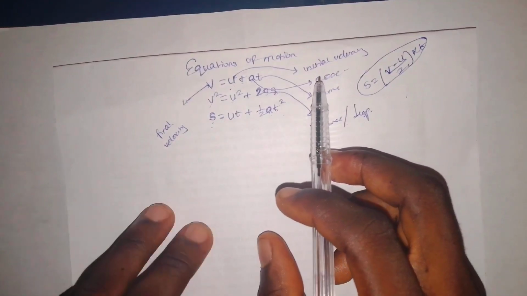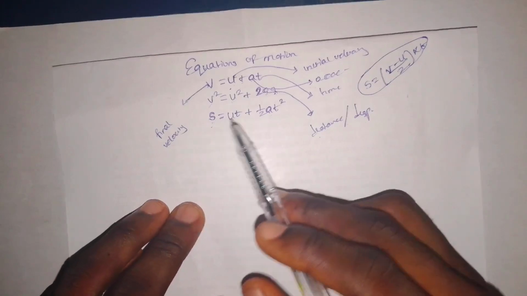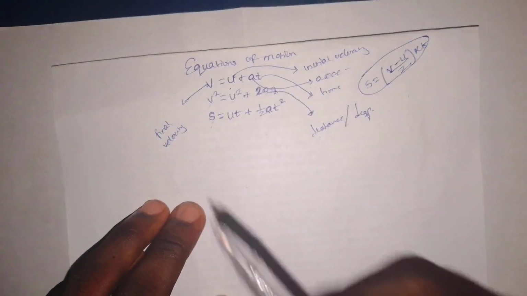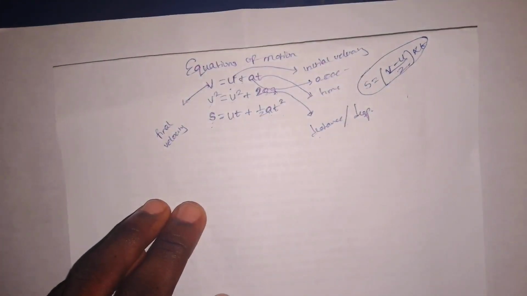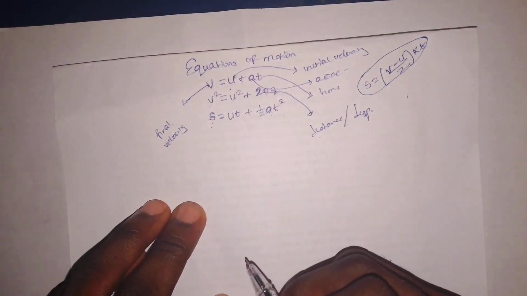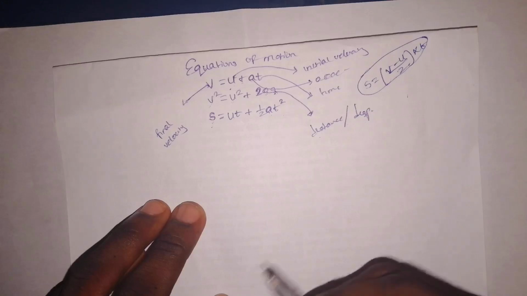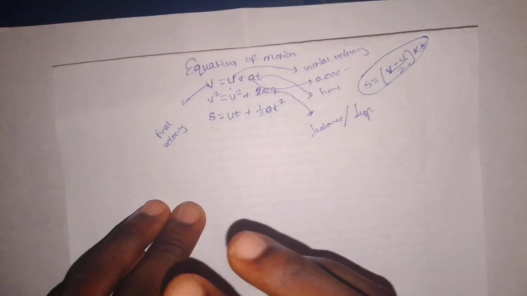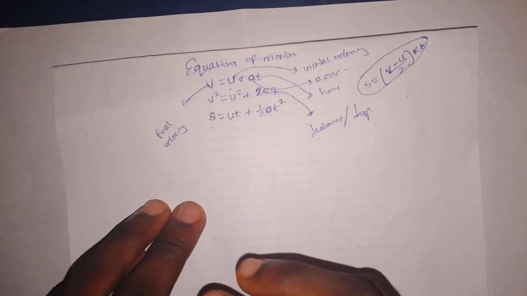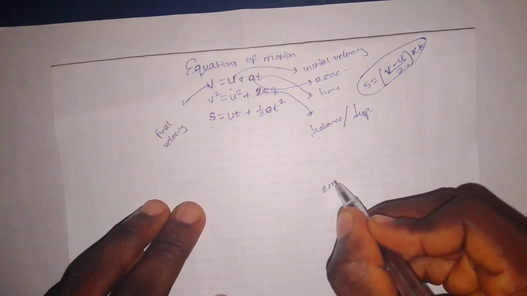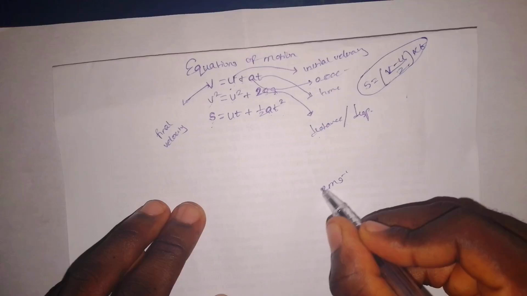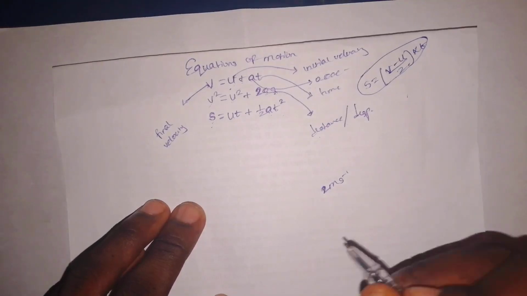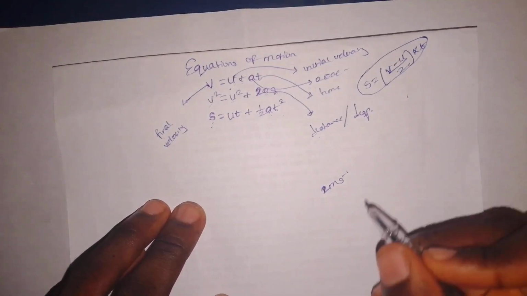Now from the word initial and final, final means ending. For example, let me say they say a car was moving with a velocity of 2 meters per second.